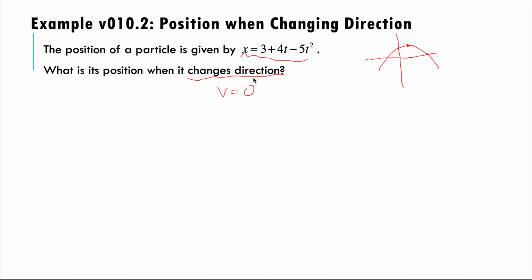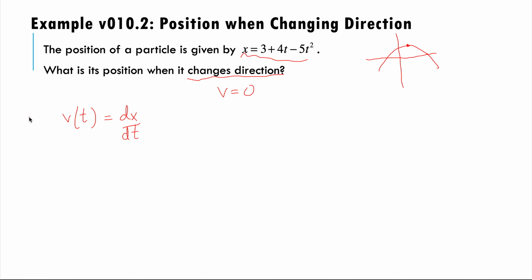So with that being said, since we have the position as a function of time, we can find the velocity as a function of time by taking the derivative of that position. Once we find the velocity as a function of time, then we can figure out exactly at what time that velocity is 0. And then, once we know that time, then we can figure out the position at that time.